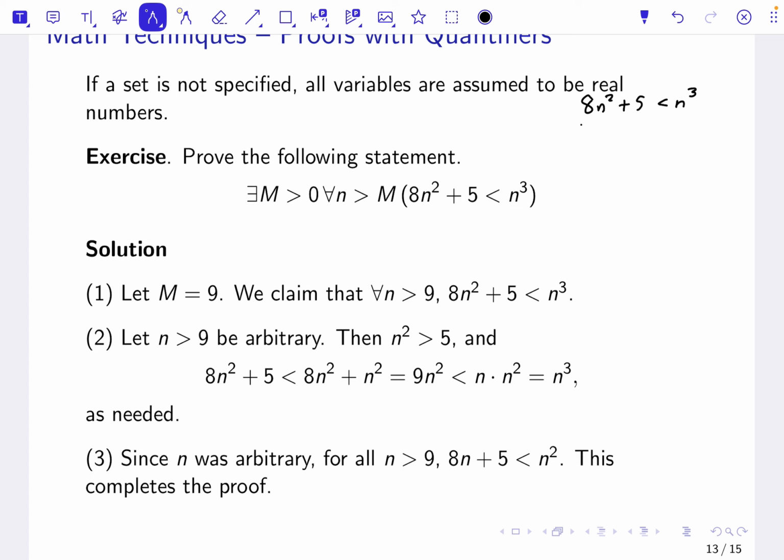We have 8n squared plus 5 and n cubed. I want to solve for n, but this plus sign is really annoying. Sure would be nice if I could have 8n squared plus 5 just be one term, which would allow me to more easily compare it to the other side.